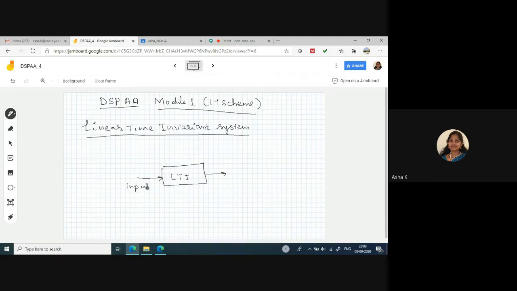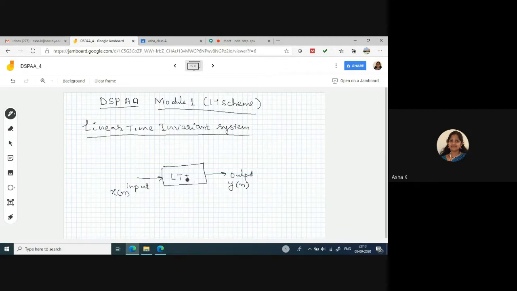The input is represented as x of n and the output is represented with y of n. If the system is described by the same input output relationship at all time, there is no change in the input and output relationship, then we call it time invariant.